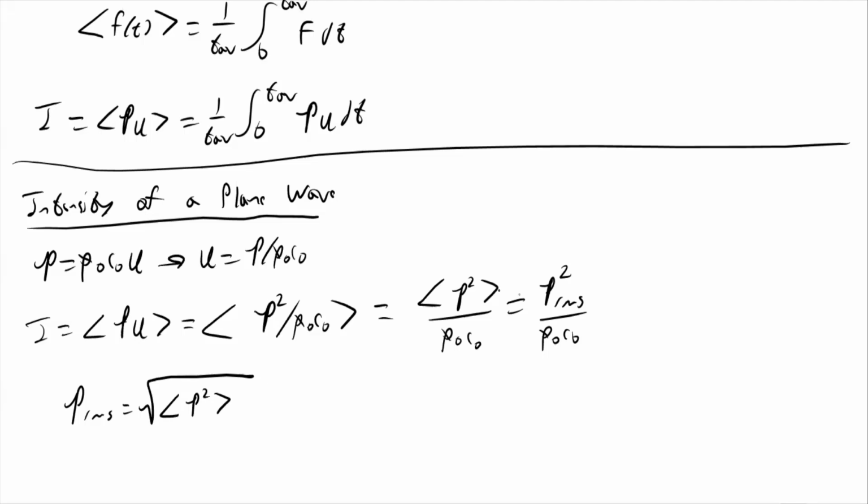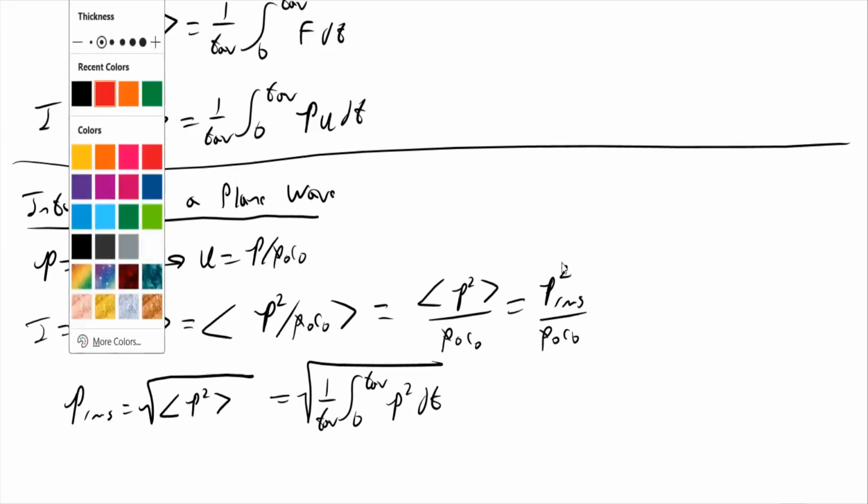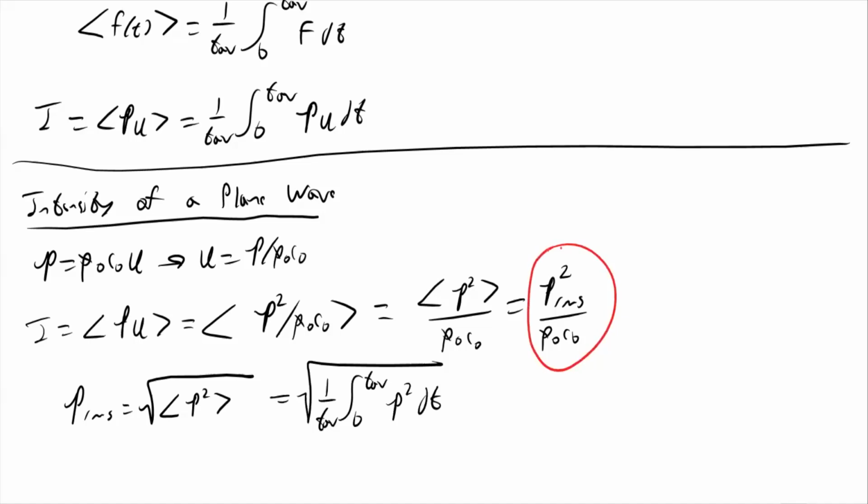So that's why we square it. And this is equal to the square root of 1 over T av times the integral from 0 to T av of P squared dt. So you can see root, mean, square, or I guess you would go backwards. It's square root mean, but we call it root mean square. So this here is the intensity of a plane wave.